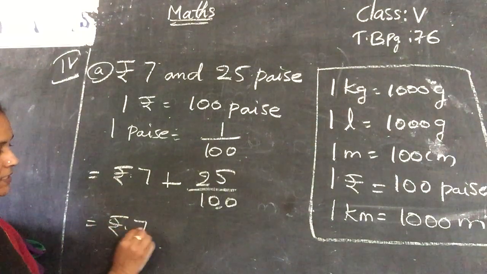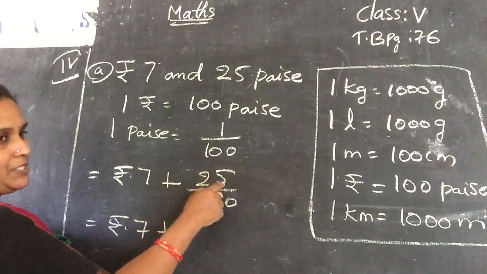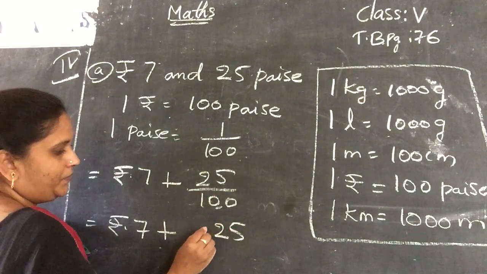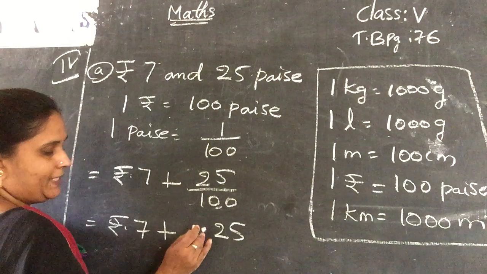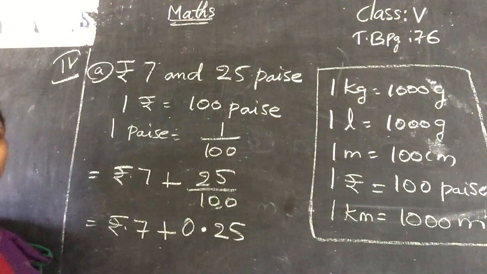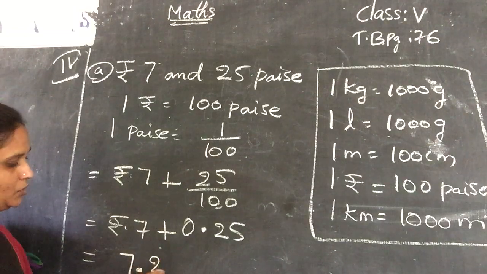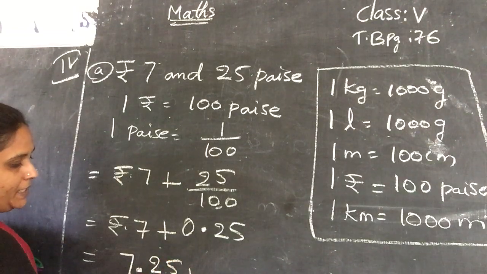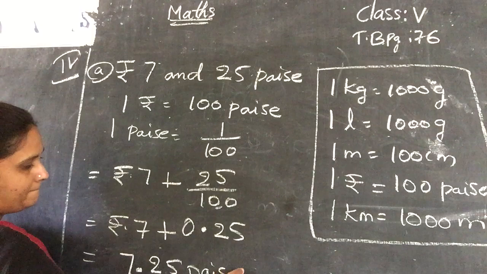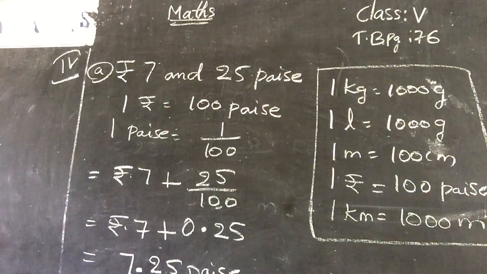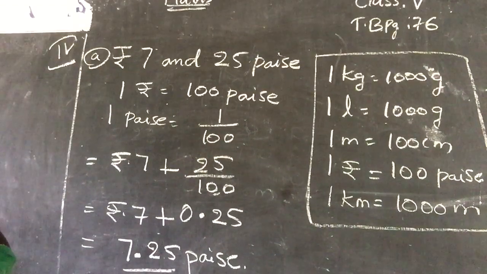Rupees 7 plus the last 2 digits. Before 25 you have to put the decimal and 0. So it means 7.25 rupees.